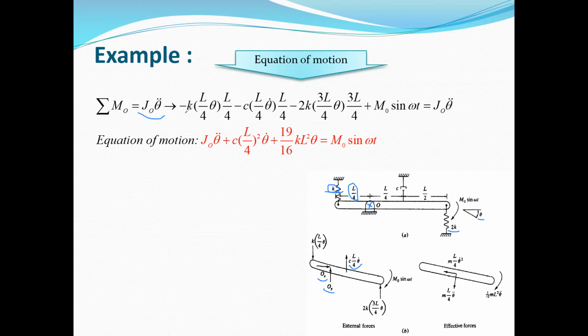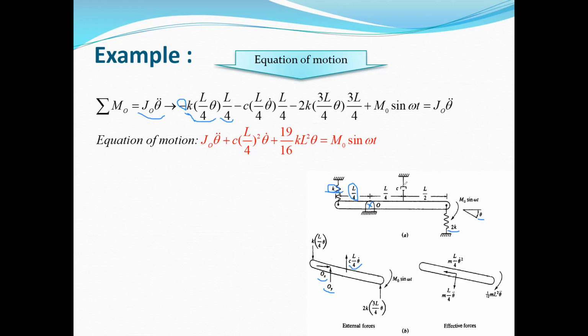So it will be K times L over 4 theta times L over 4, the arm of this force. And also we have one negative sign because the moment due to this force about point O is in counterclockwise direction, and we assume that the clockwise direction is positive for theta.